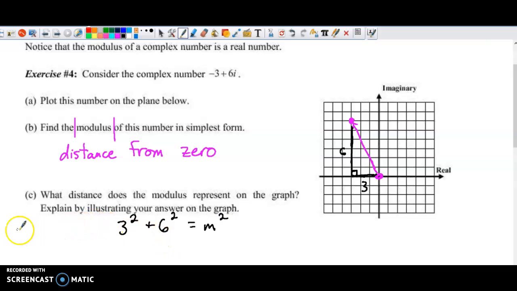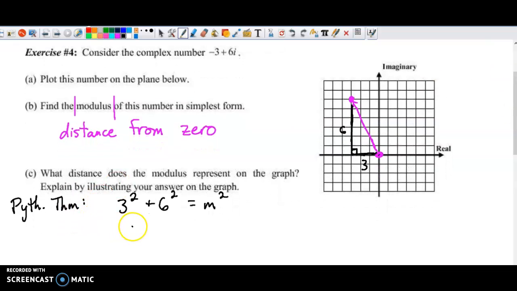If I write down the Pythagorean Theorem, you're doing 3 squared is 9, 6 squared is 36, and then you can square root both sides to solve that. Well, first of all, that's 45.